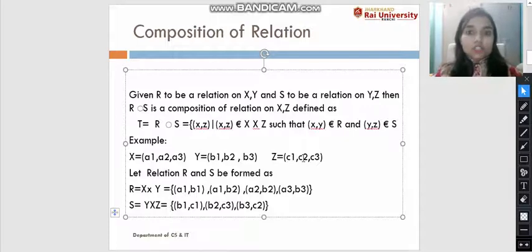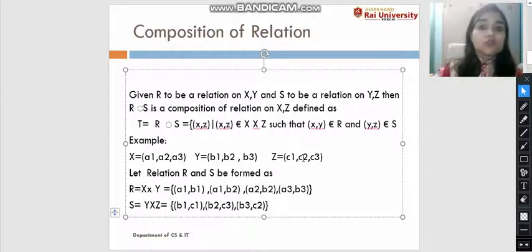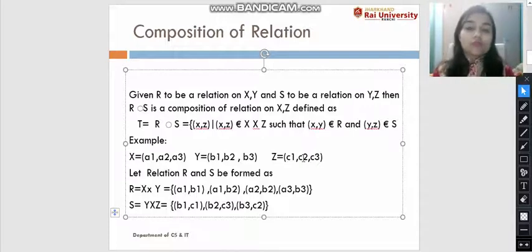Whenever we find the composition of relation, first we have to see the two relations R and S. We have three sets x, y and z. The elements of x are a1, a2, a3, the elements of y are b1, b2, b3 and the elements of z are c1, c2, c3.